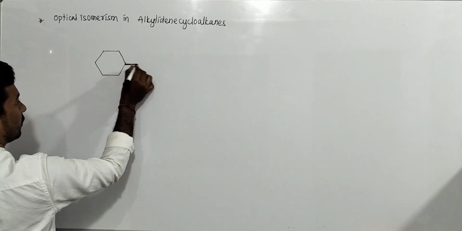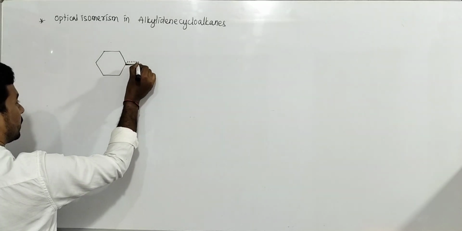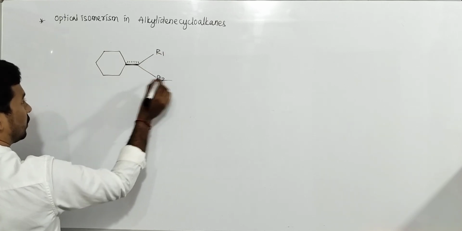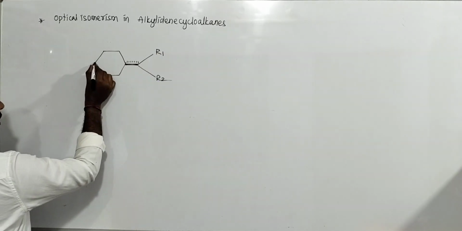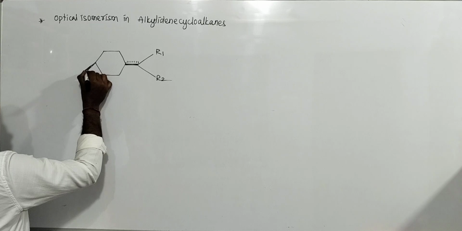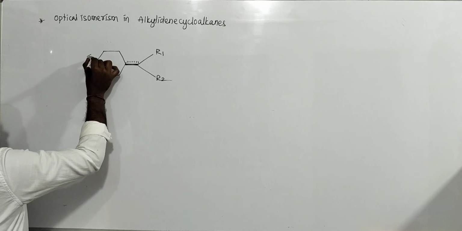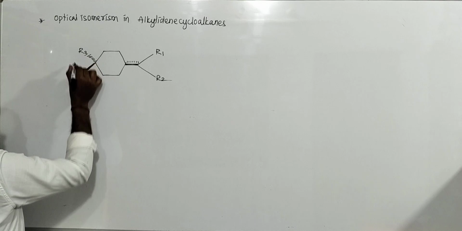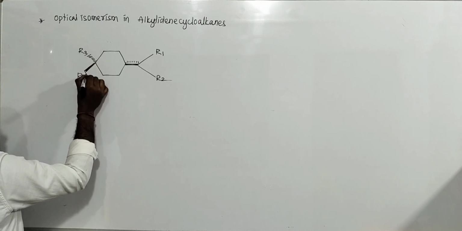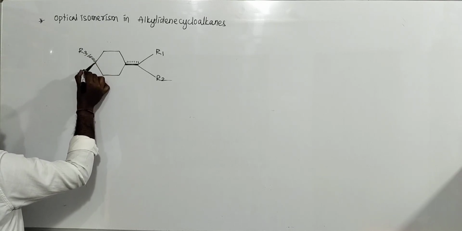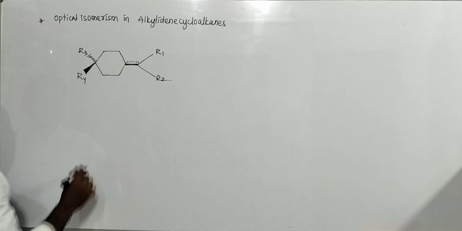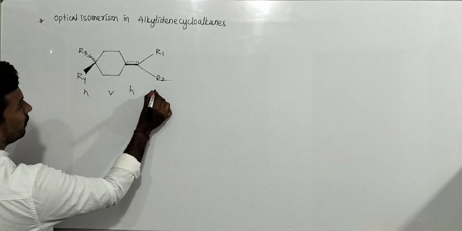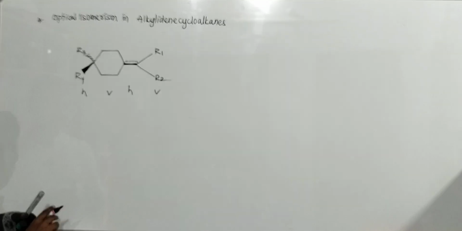This is a thick line, this is a dotted line, R1, R2. So for this vertical bond, this is dotted, this one, R3, R4. Horizontal, vertical, horizontal, vertical, like this.